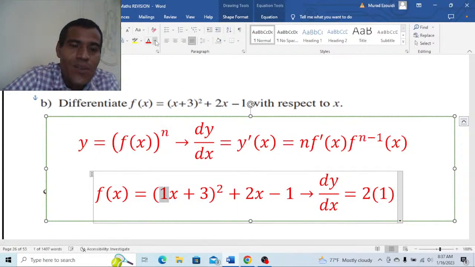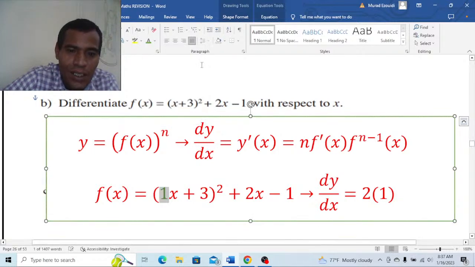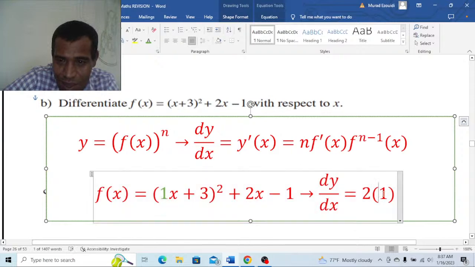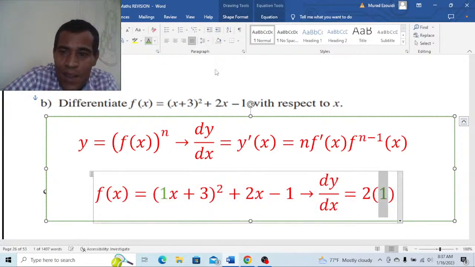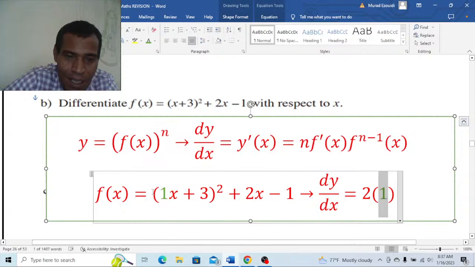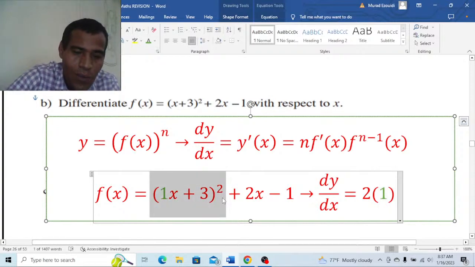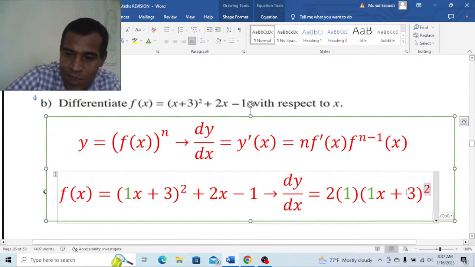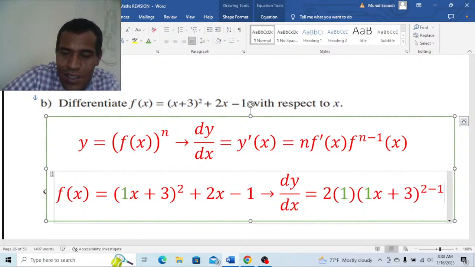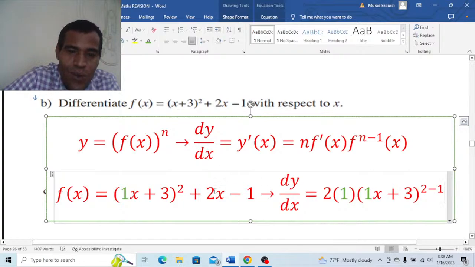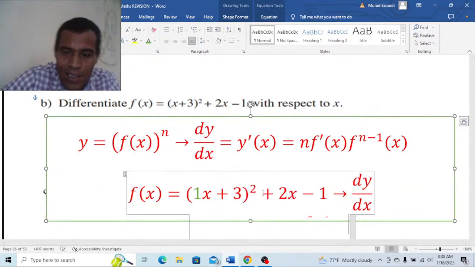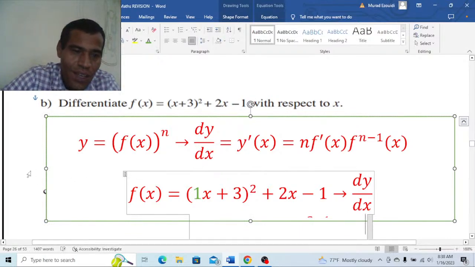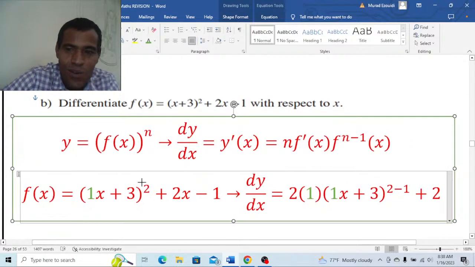This is what I differentiated inside the function. Multiply by x plus 3 to the power 2 minus 1. Plus the first derivative of 2x, which is 2, and the first derivative of the constant minus 1 is 0.